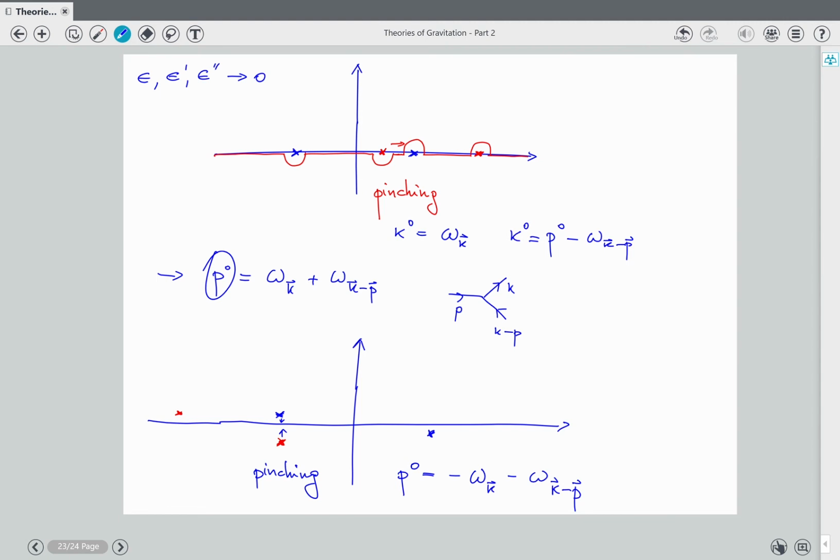P0 is a sum of frequencies, or a difference of frequencies. It cannot be frequency minus a frequency, which would be unbounded from below. That would be an instability, because you would have processes where you can generate from any finite amount of energy. It would have no threshold, because you could always balance that by means of a positive frequency and a negative frequency. You cannot do that.